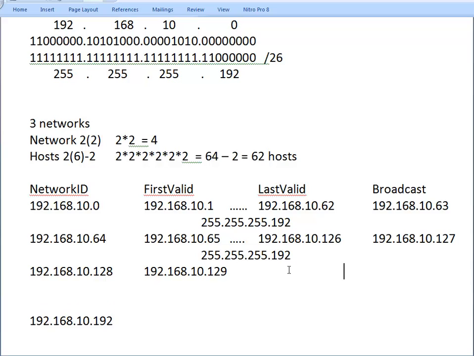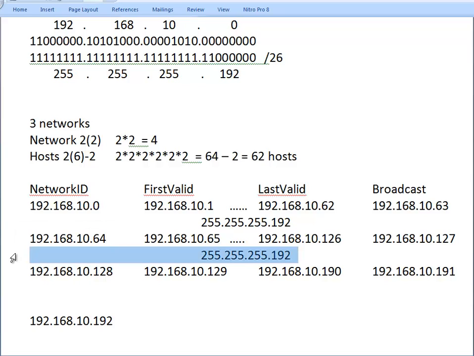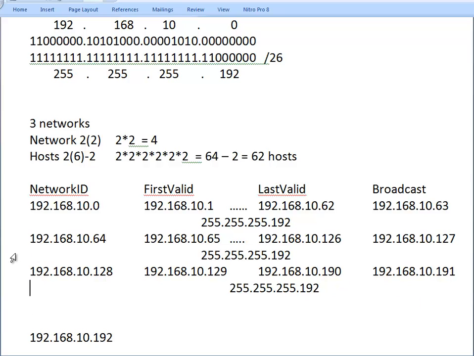The broadcast is the next network ID minus 1, so 192.168.10.191. Last valid address is the broadcast minus 1, 192.168.10.190. Again, the subnet mask is the same. Excellent, we found the third network as well.